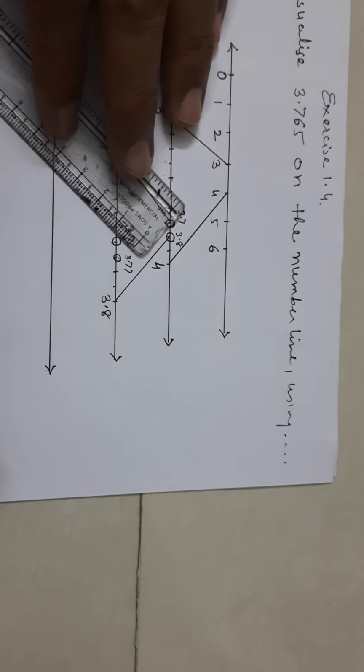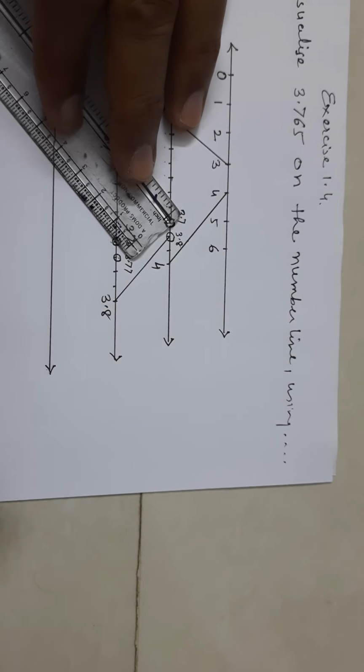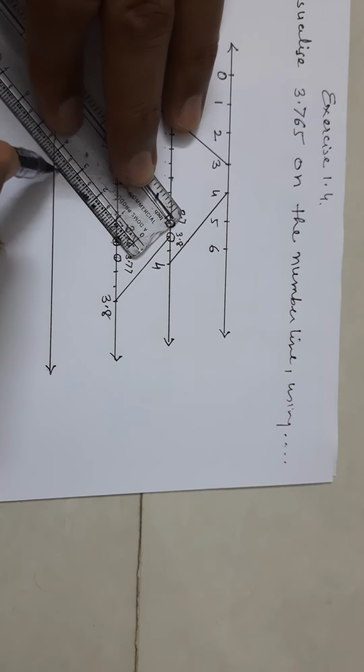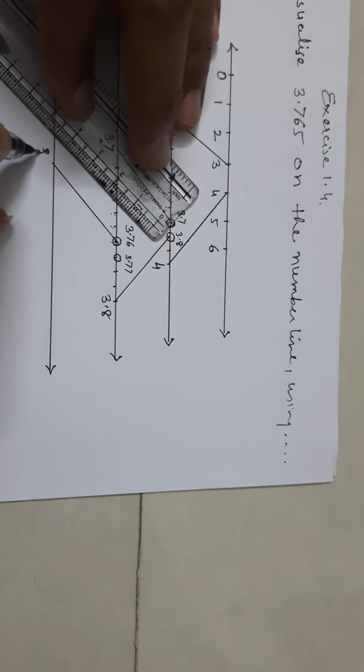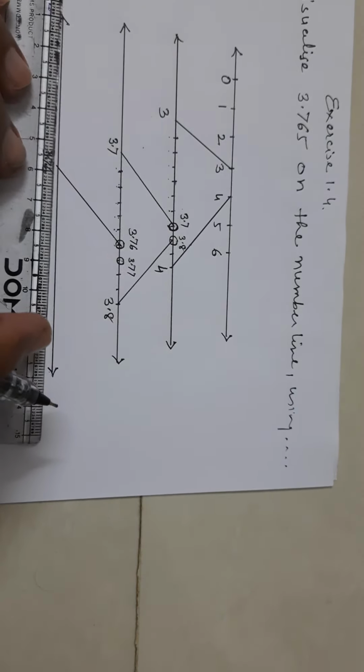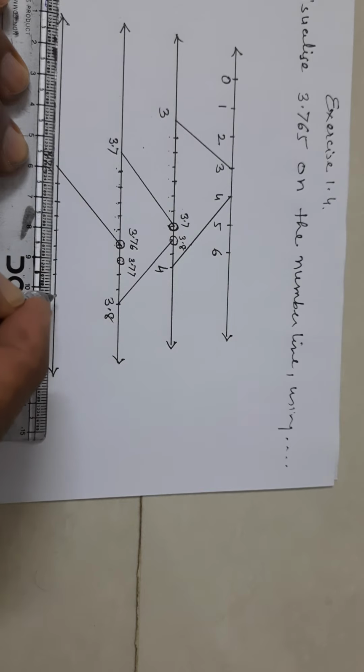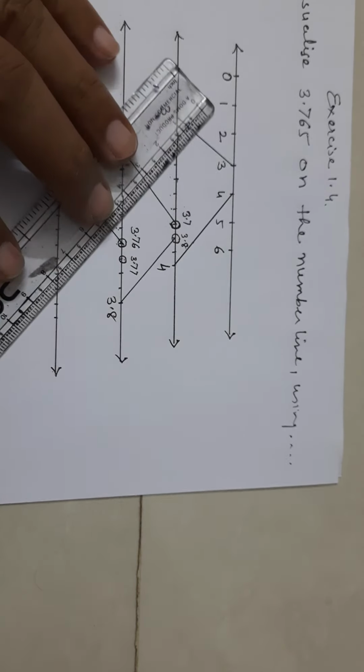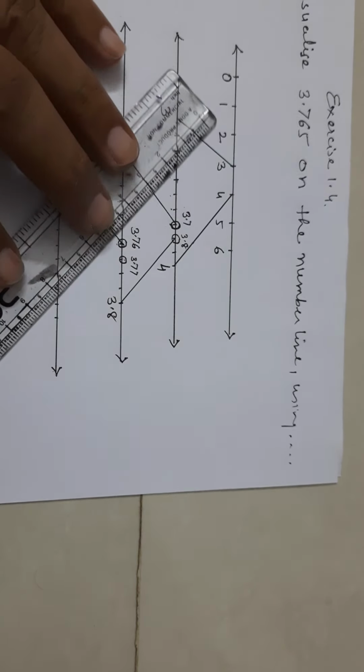So 3.76 I bring on the number line. I count 10 parts. These should be equal parts. 1, 2, 3, 4, 5, 6, 7, 8, 9 and 10. So here this is 3.77.